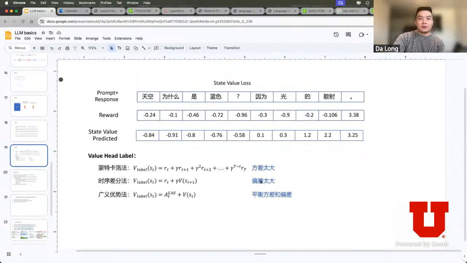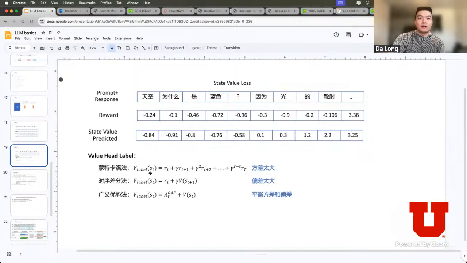To train the policy and the value function, we have to get the labels for the value function, right? So there are three methods. This one is called the Monte Carlo method, but the variance is too big because it uses all of the immediate rewards at all of the 10 steps.